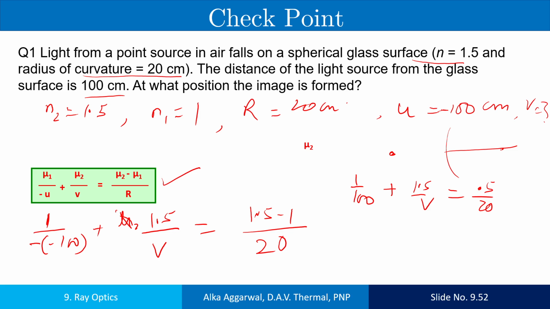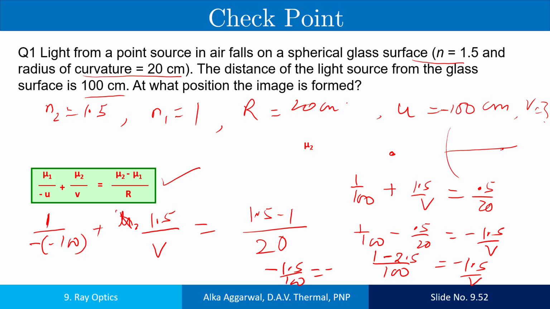That is 1 upon 100 minus 0.5 upon 20 equals minus 1.5 upon V. 100 is common. 1 minus 2.5 equals minus 1.5 upon V. It becomes minus 1.5 upon 100 equals minus 1.5 upon V. That is V equals 100 centimeter.